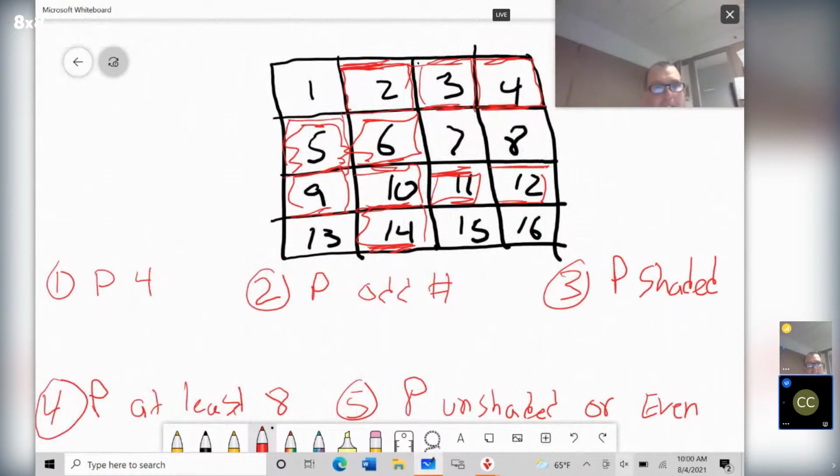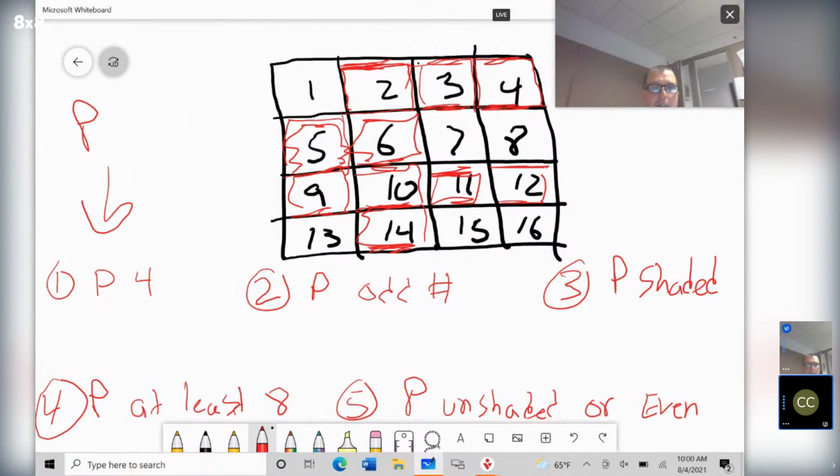And one thing I wanted to show you today, we're going to do a couple different examples of probability. But if you see P of something, that just means probability. So P of 4, like if you look at our first question here, P of 4. So what's the probability of picking a 4 on this board?